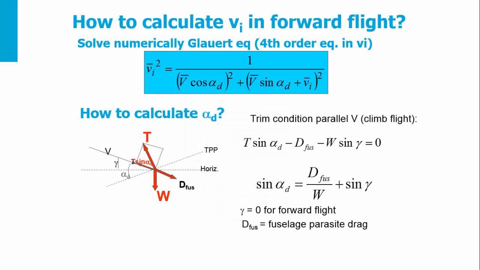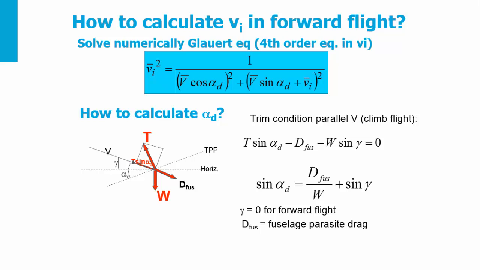What if we want to include the alpha disk in the Glauert formula? We have to calculate this angle for a certain condition. For this, we have to represent the forces in a trim condition for a climbing flight.